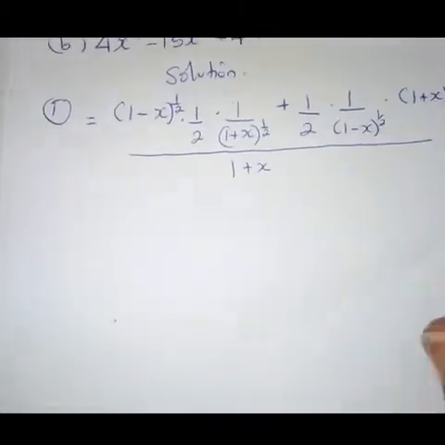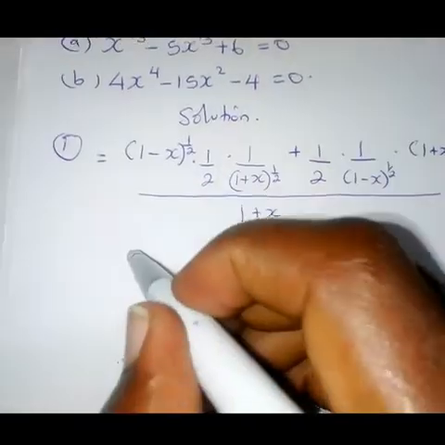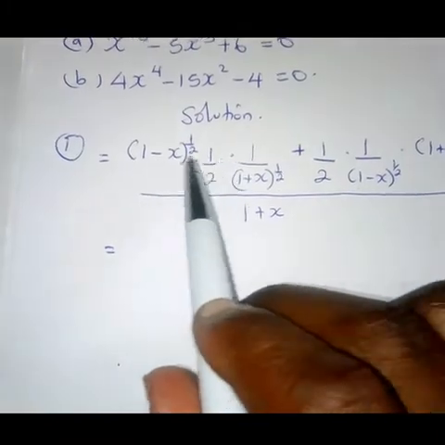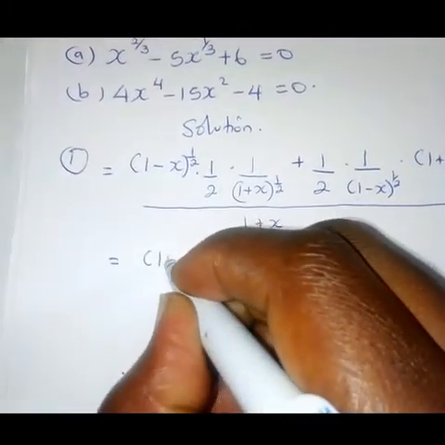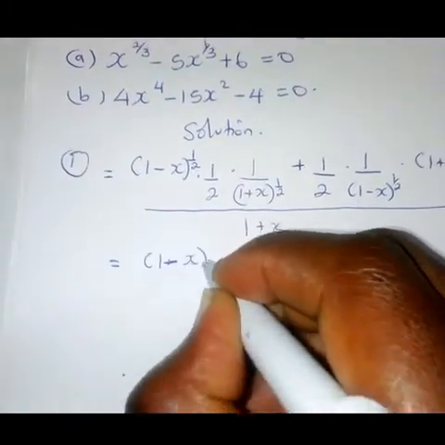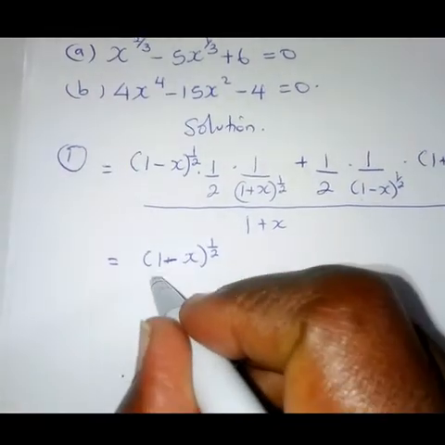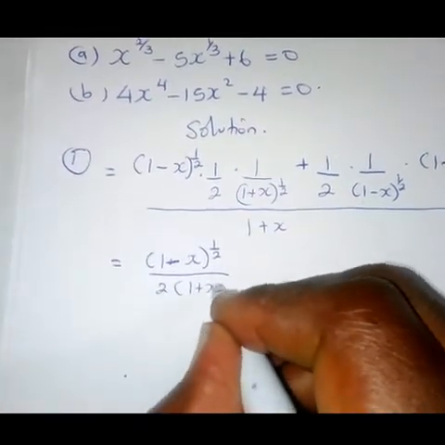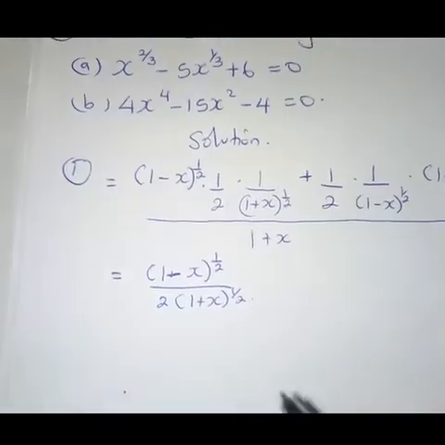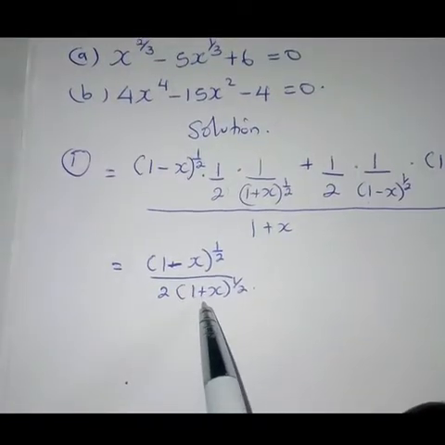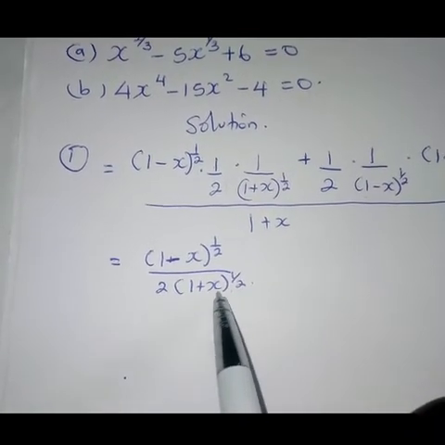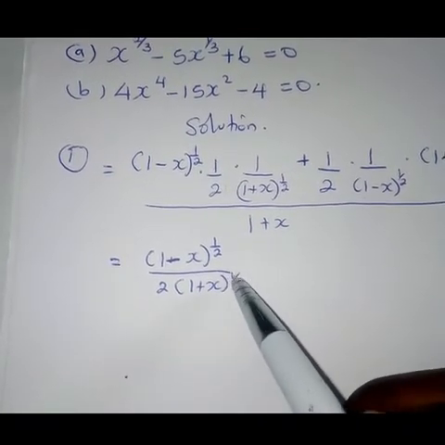So we are going to work out this. Like you see here, these are all numerators, so when they multiply we only remain with 1 minus x to the power a half, and this and this will multiply into 1 plus x to the power a half. These two cannot enter here to get 2 plus 2x. 2 will only enter if the power here is 1.